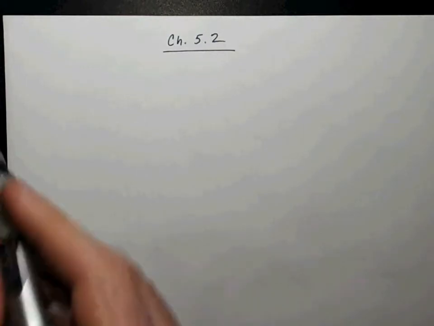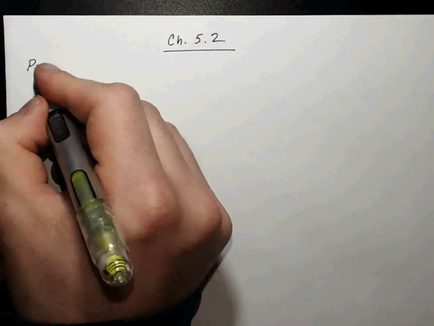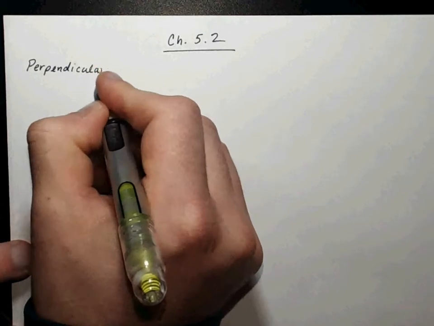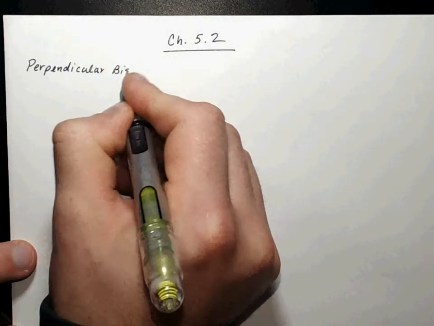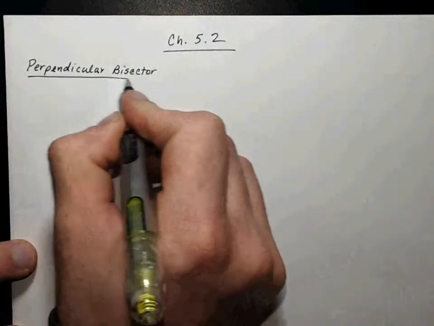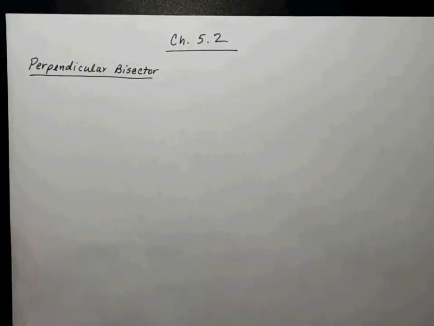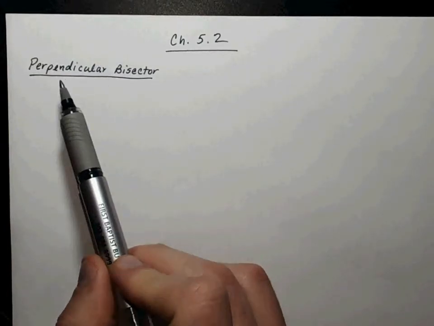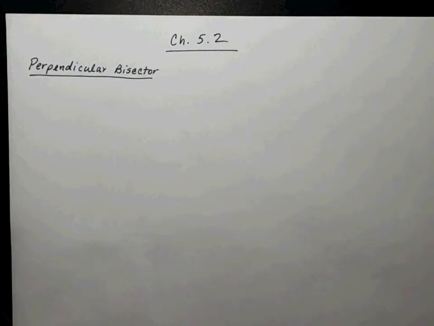All right. First, we're going to talk about what is a perpendicular bisector. Well, we should know these two words already. We should know what perpendicular means, and we should know what a bisector is.